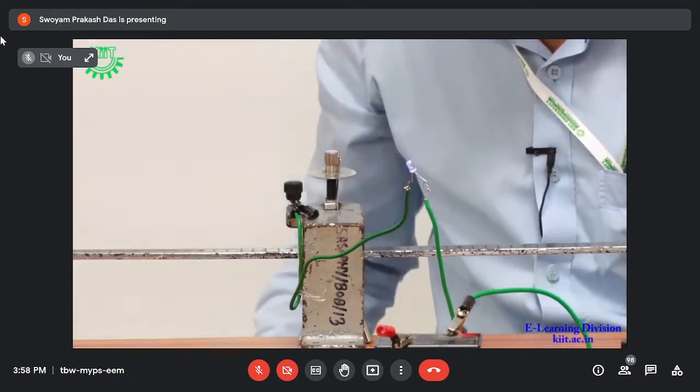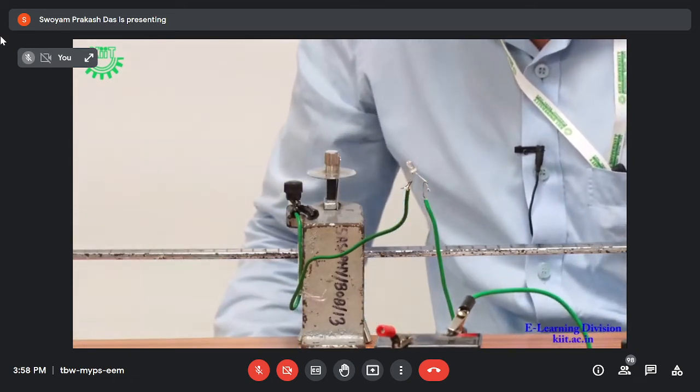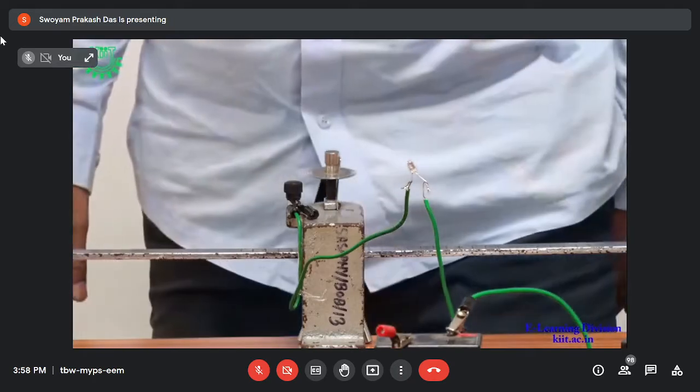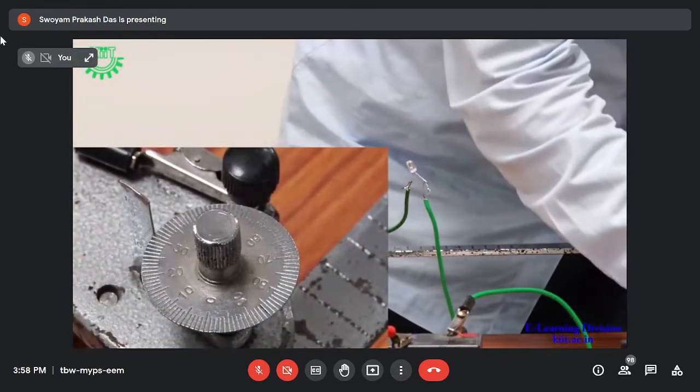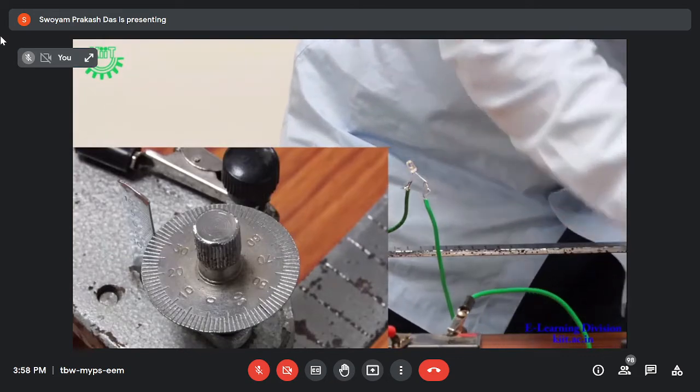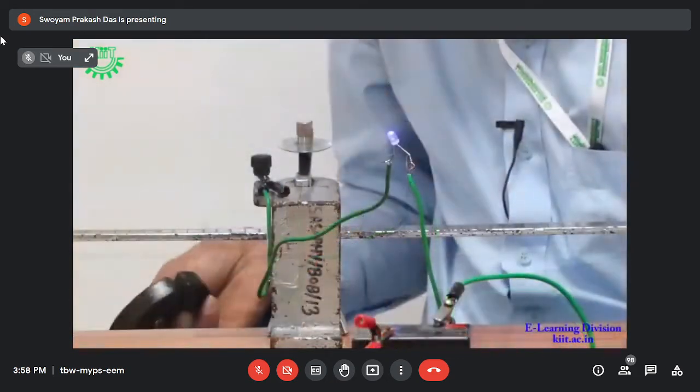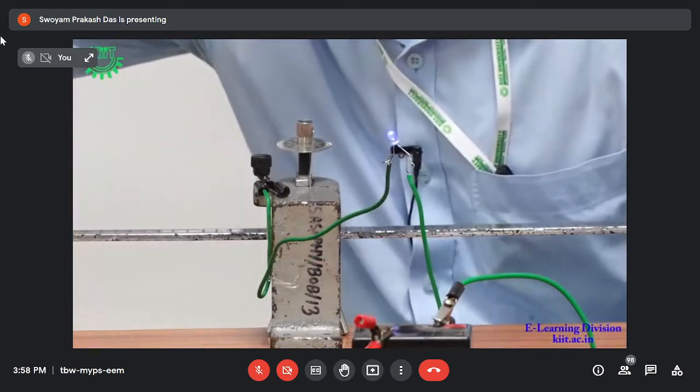Yes, light is off now. 50 has not crossed. So this is 31. We have to note it down. This is the second load removed.